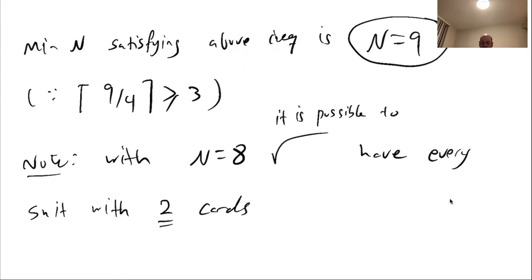So for n equals 8, I cannot have a guarantee that at least 3 cards will have the same suit, because it's possible that every suit has 2 cards.